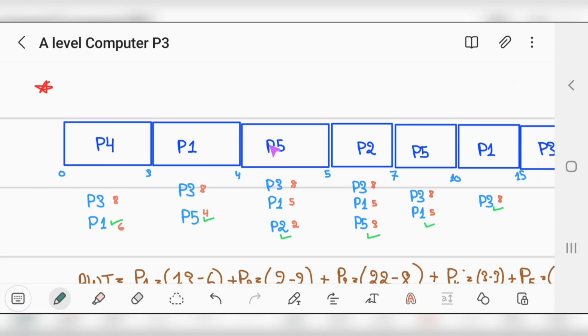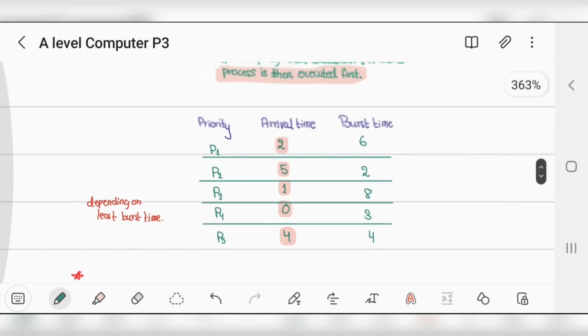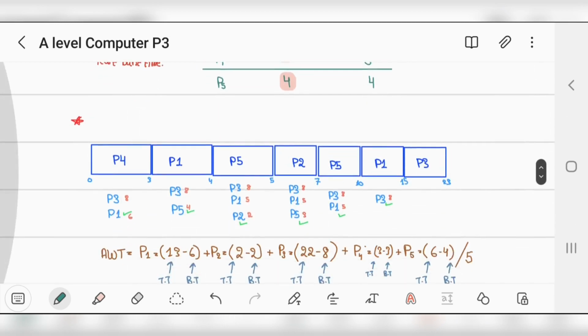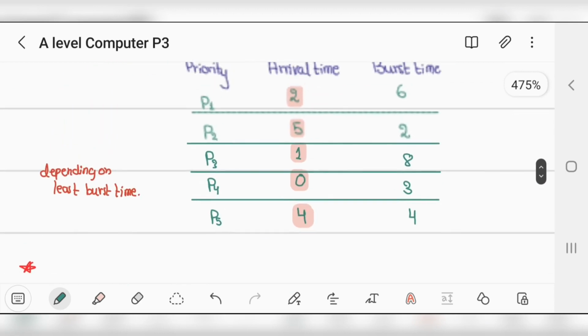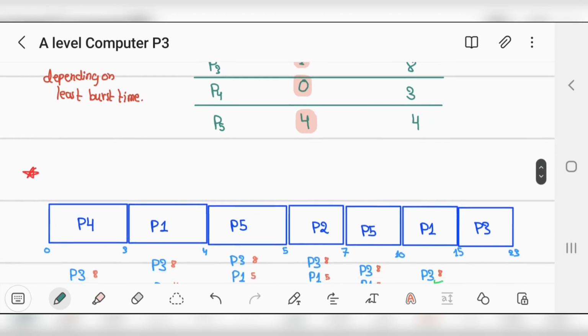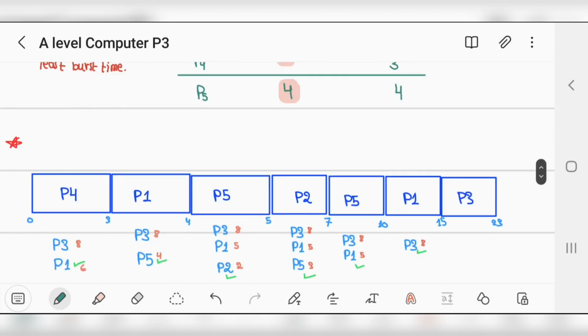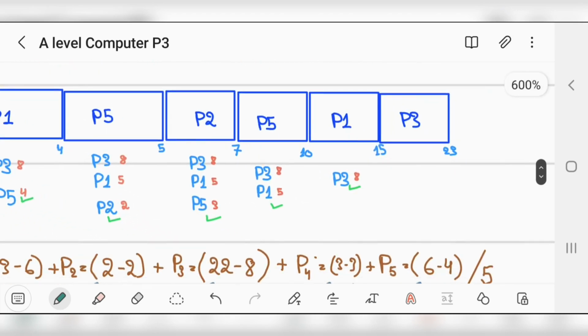So P5 came, and then we compare all of them. P1 has 5, P3 is 8, and after 5 seconds P2 came, which has the least burst time too. After 1 second P5 has 3, and P2 has 2, so P2 has the least burst time, so P2 will come, and this will keep going like this.